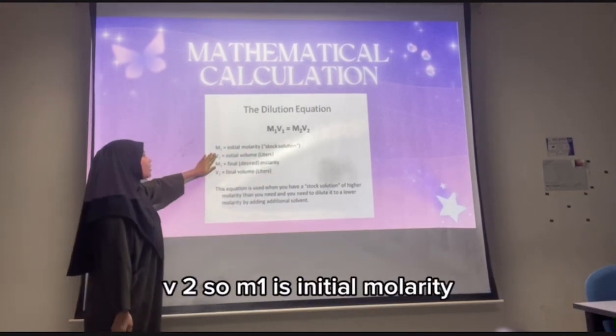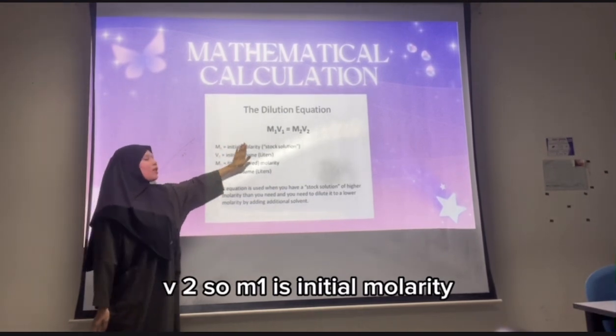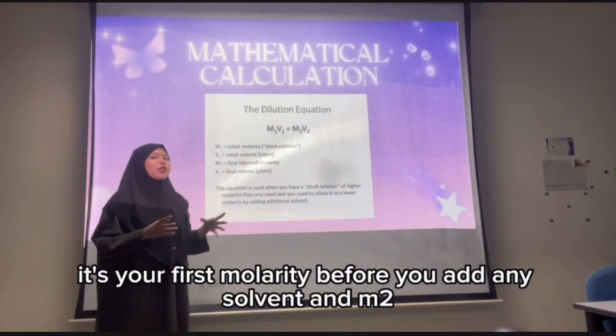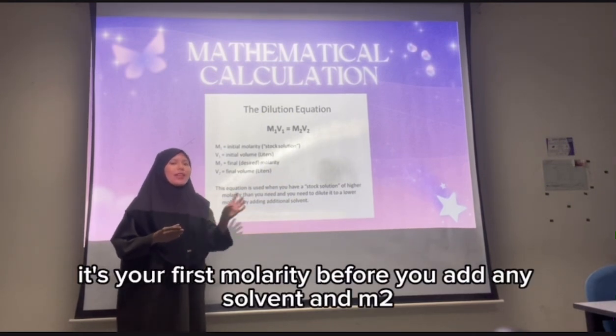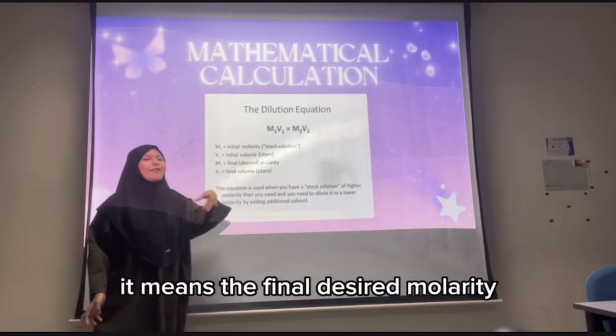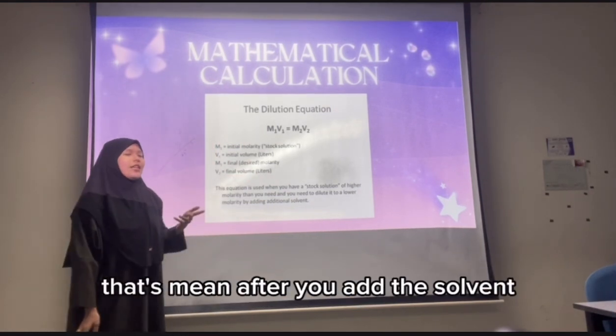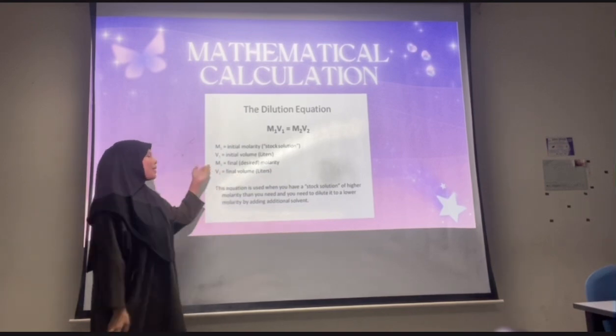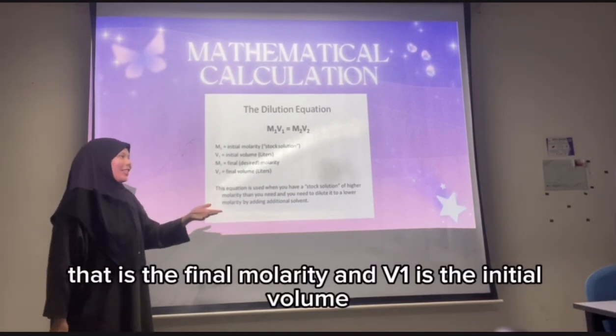So M1 is initial molarity. That means in your stock solution, it's your first molarity before you add any solvent. And M2 means the final desired molarity. That means after you add the solvent, that is the final molarity, M2.